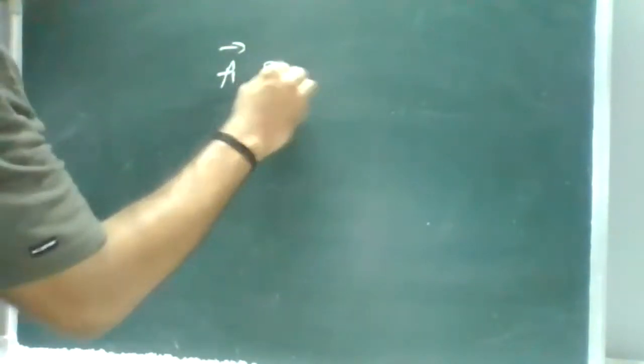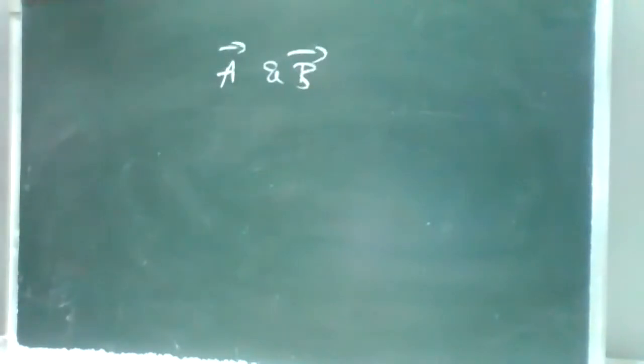I'll repeat again. Scalar product of two vectors, A vector and B vector, is equal to the sum of the product of their corresponding rectangular components.